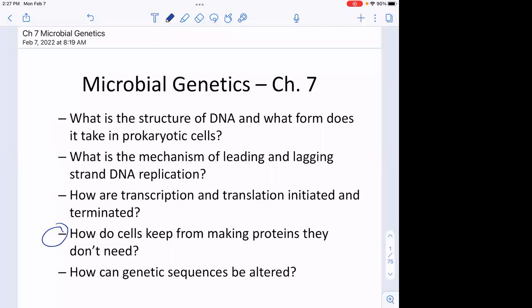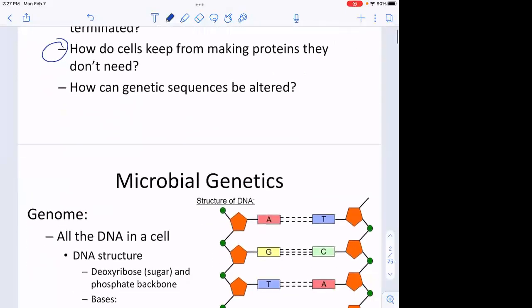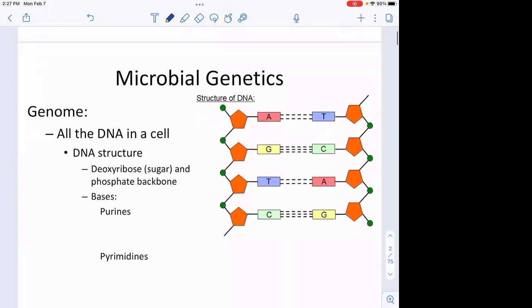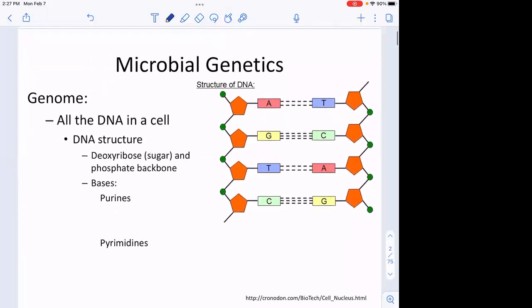We call that horizontal gene transfer. All right, so kind of a long chapter. Use your book, probably more as a reference. So, you know, transcription, translation, it's kind of confusing. What does the book have to say? Hopefully it can clarify some things.